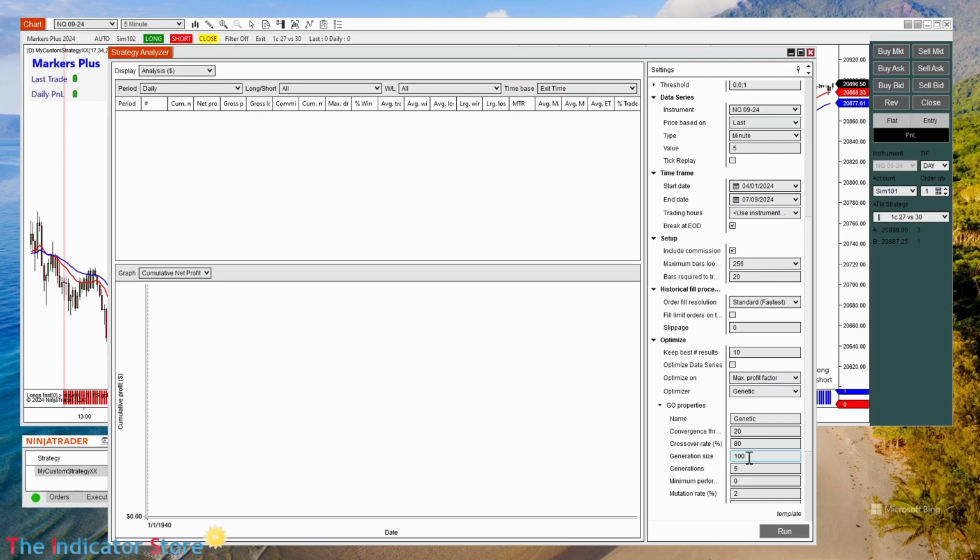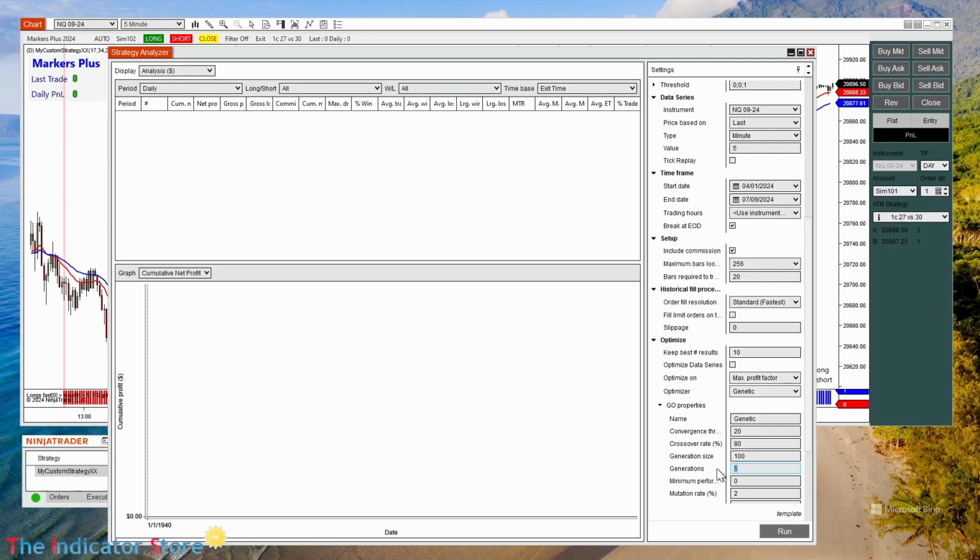Maybe they are close, or maybe not, to the best settings. But anyway, we select 100 random and backtest those 100 combinations. Calculate the profit factor, or whatever we select here, and sort from the worst to the best. Okay, and then we test again between the best possible values.